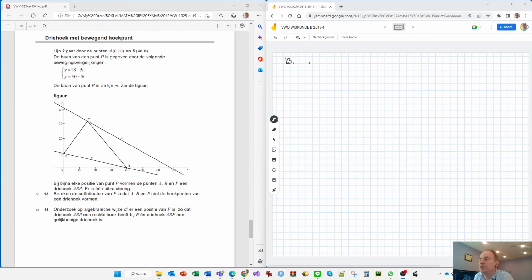But there's an exception. For some value of t, this is not a triangle. That makes sense because lines k and m intersect at a certain point, and then A, P and B are on one line. So let's calculate that intersection.